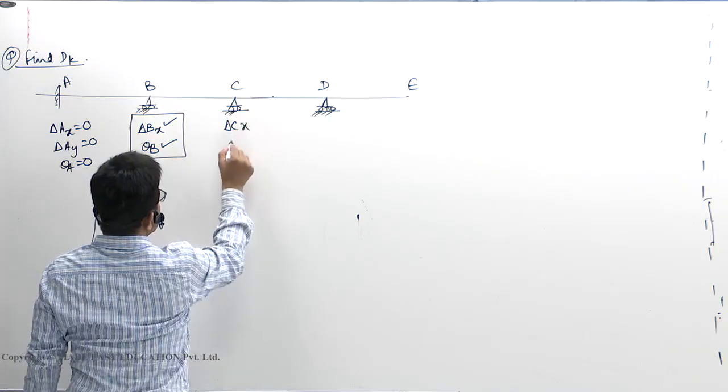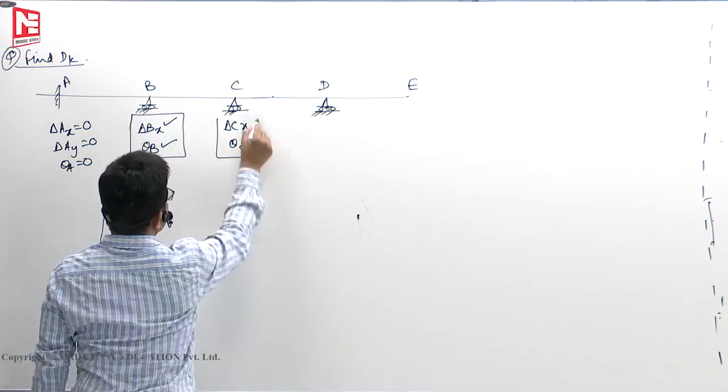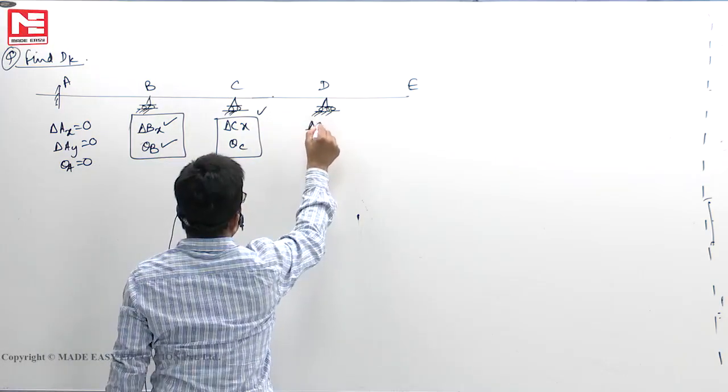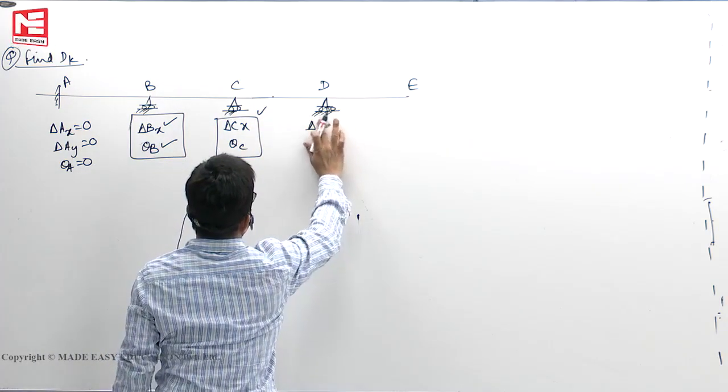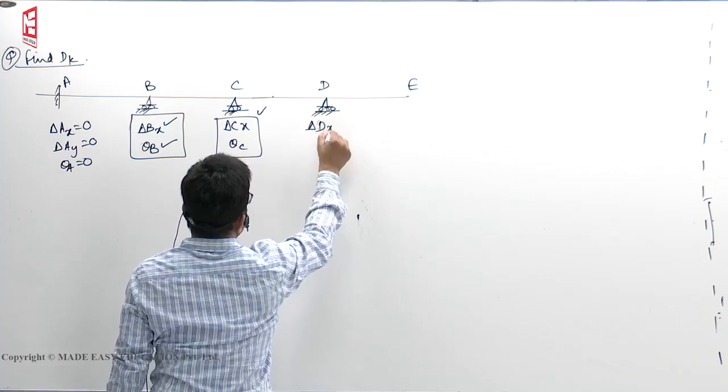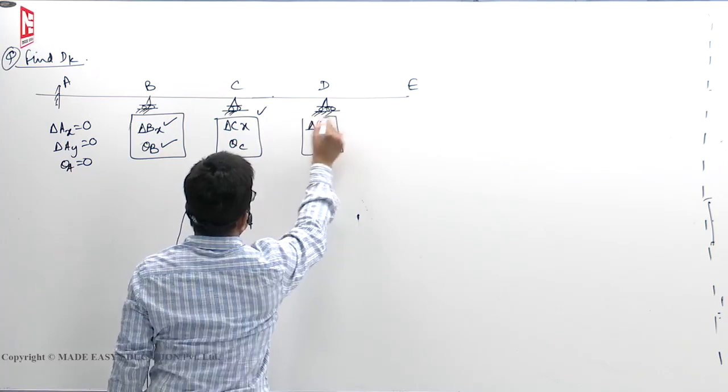So at B, displacement in x direction and theta B are possible. Here delta Cx, theta C are possible. Here delta Dx, then theta D are possible.